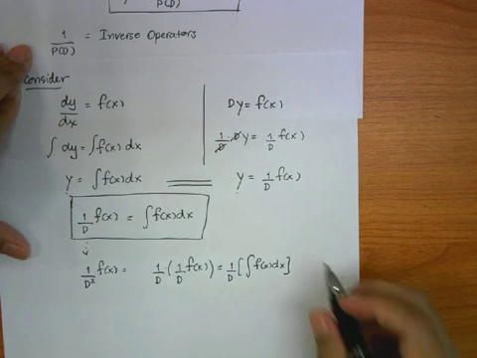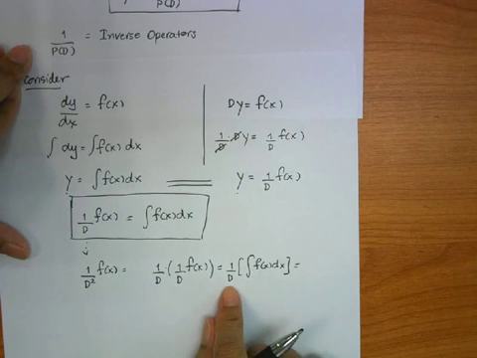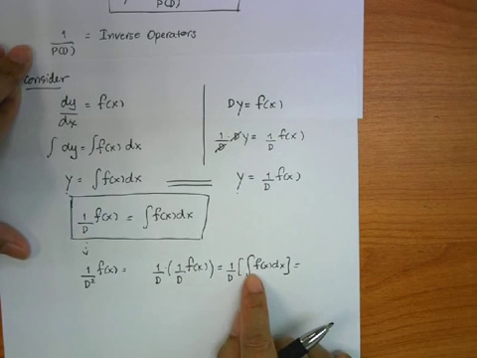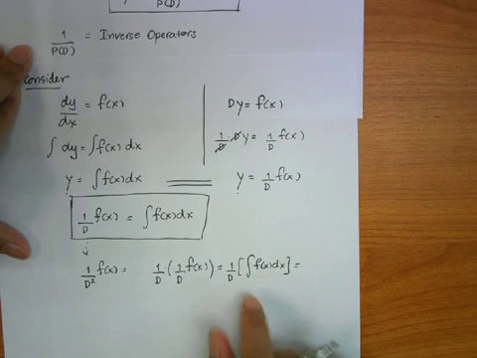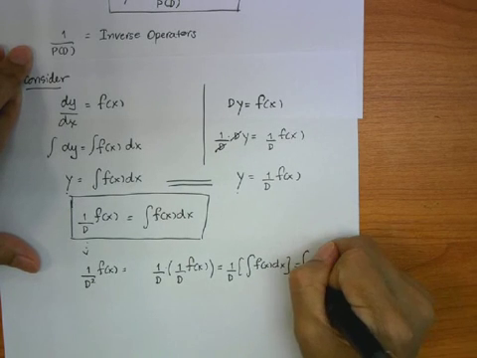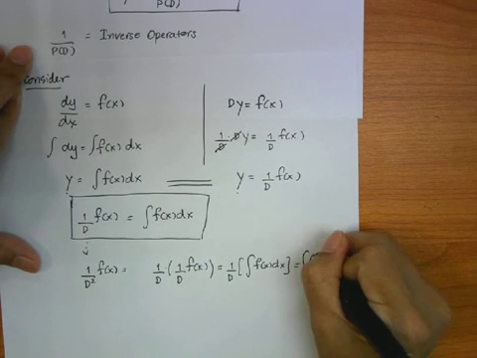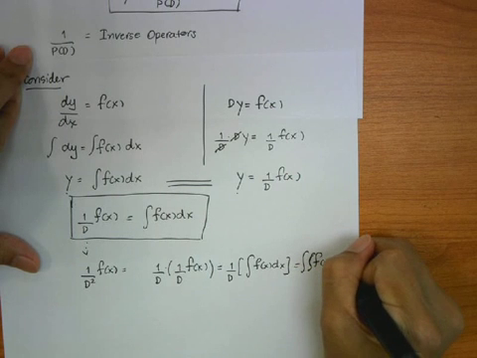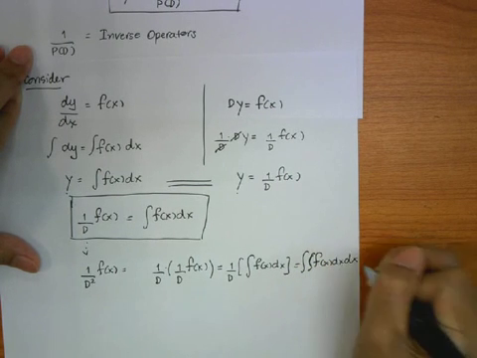Then you apply this definition again: 1 over D of the integral of f(x) dx is equal to the integral of the integral of f(x) dx.